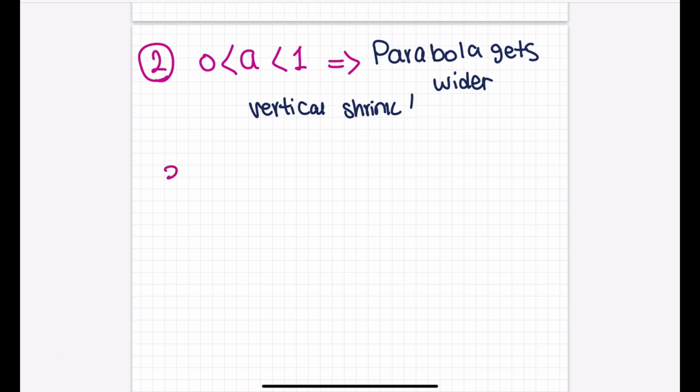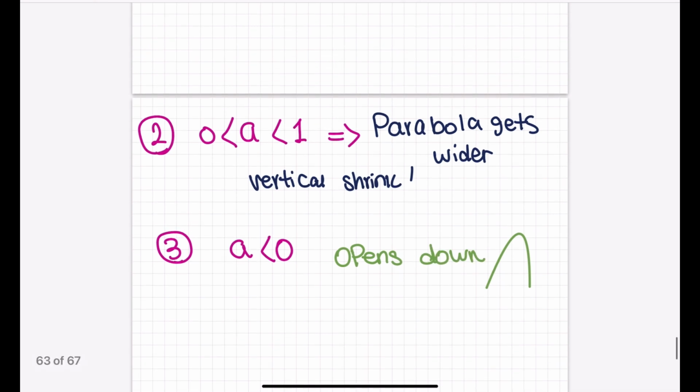What if your a is less than 0? In this case, it opens down, looking like this. And if I want to draw, for example, the graph for this one, the parabola gets wider, so it looks like this.